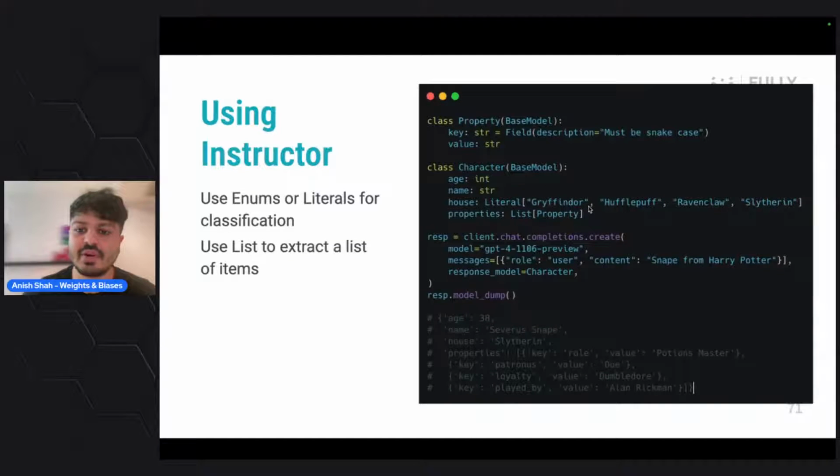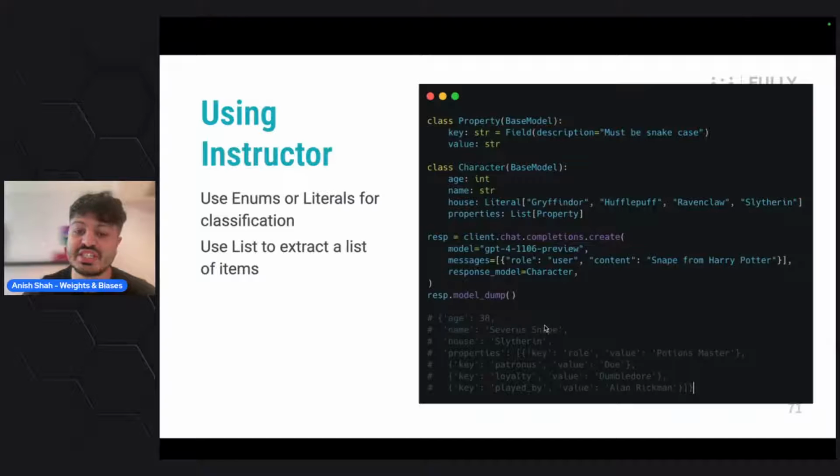But because we have this list here, we know that we're telling the large language model, hey, fill in as many properties as you like as is relevant to the age, name, and house that was selected for this character. And what's really cool here is as you start to add things such as doc strings or other deeper descriptions, like in here, you can write description must be snake case.